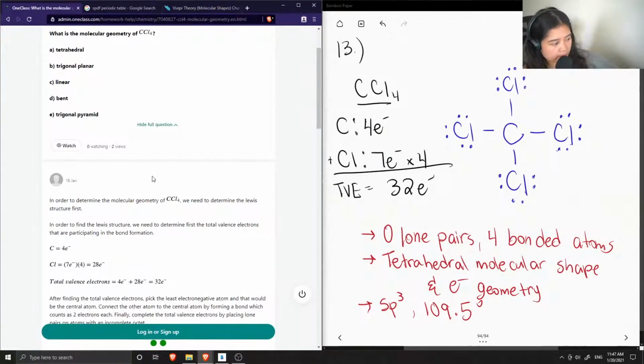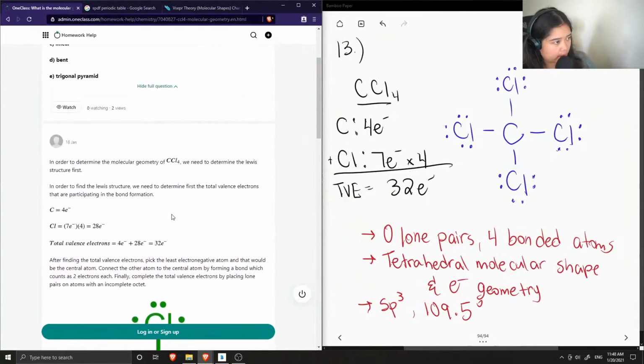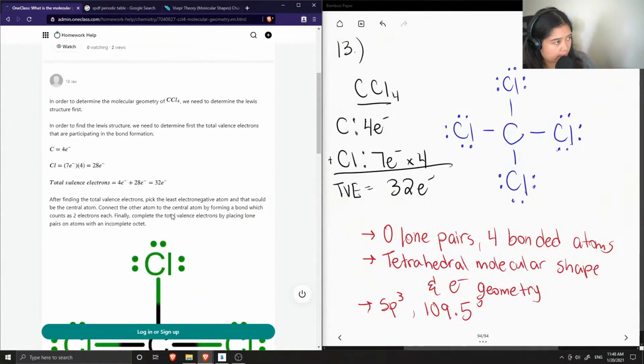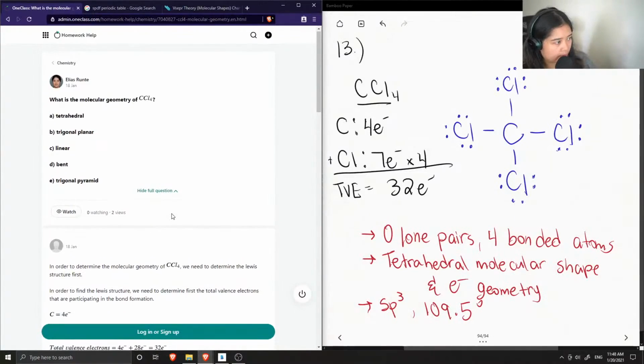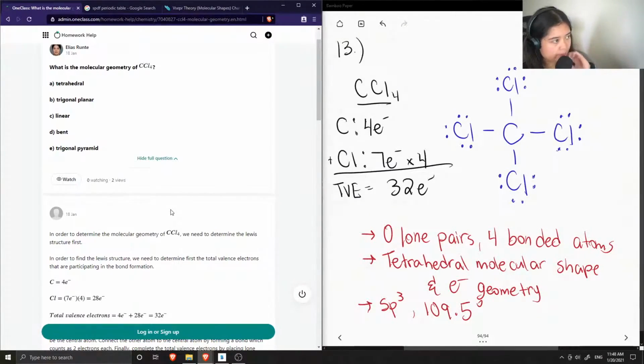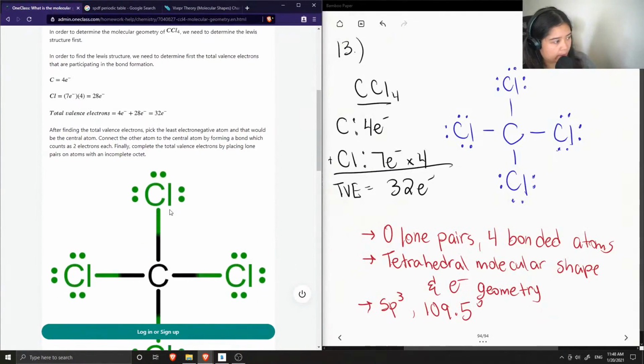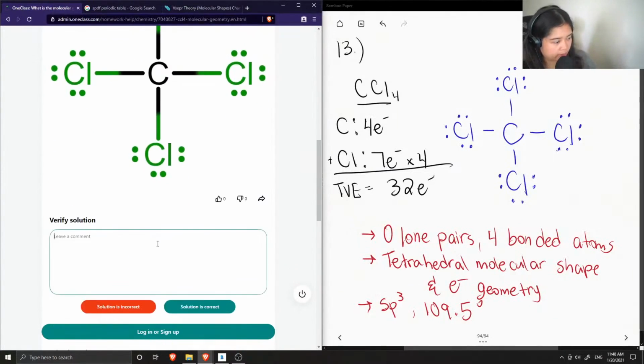Okay, so the junior tutor said 32, and they have the correct Lewis structure, but they didn't say which one of these is the molecular geometry, which should be tetrahedral.